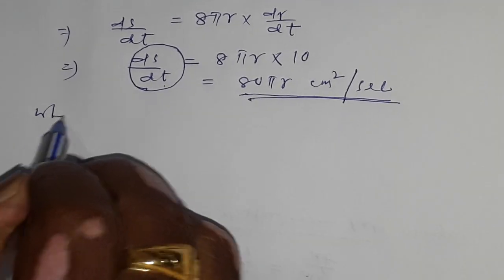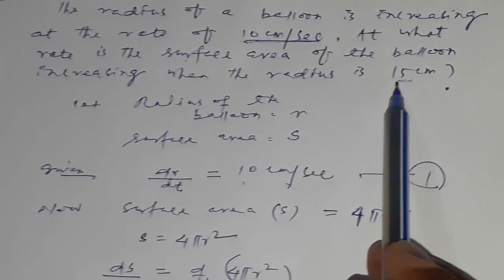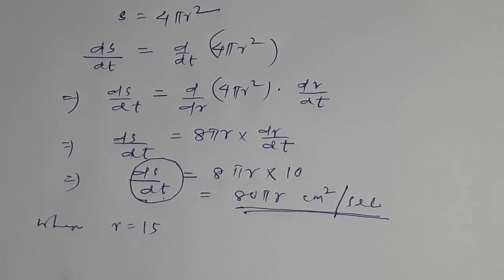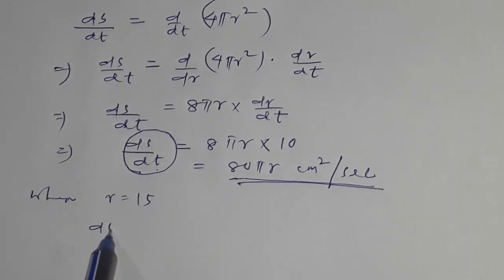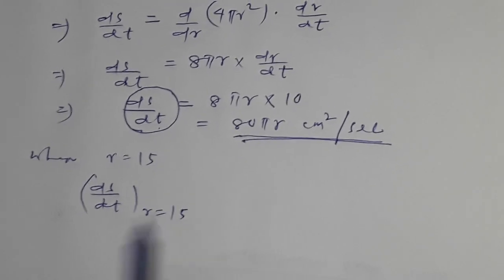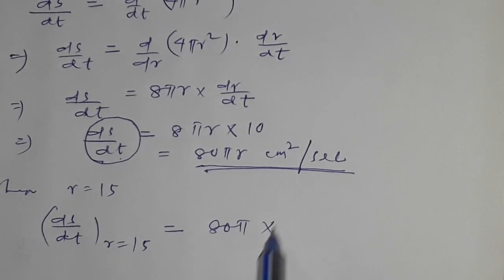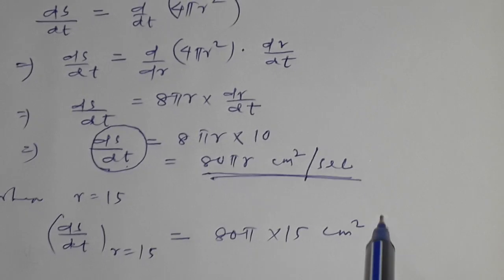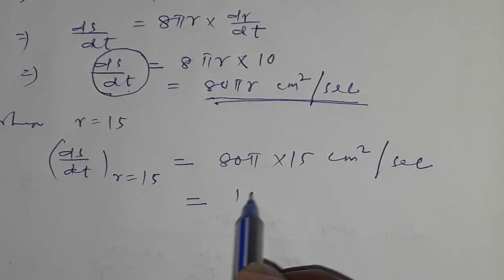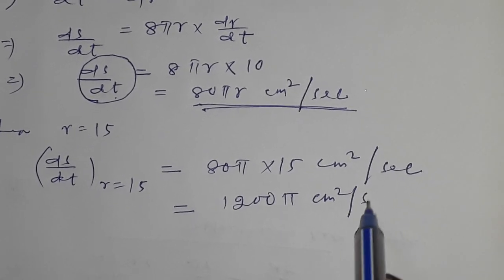When the radius of the balloon is 15 centimeter, when r equals 15, then dS by dt at r equals 15 is equal to 80 pi into 15 square centimeter per second, which equals 1200 pi square centimeter per second.